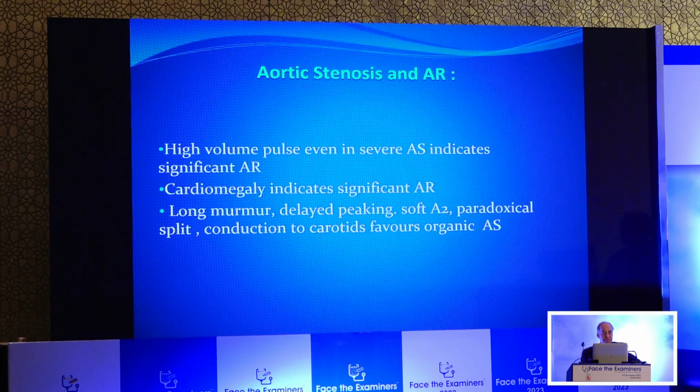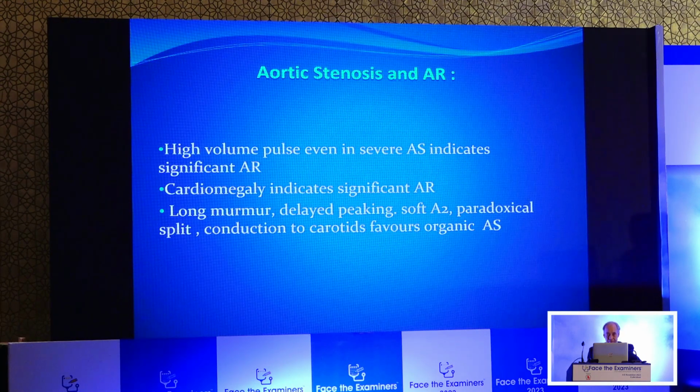Aortic stenosis and aortic regurgitation is another quite common lesion to be seen. Again, the questions are usually the same. If there is a patient of aortic valve disease, how significant is aortic regurgitation? How significant is aortic stenosis?